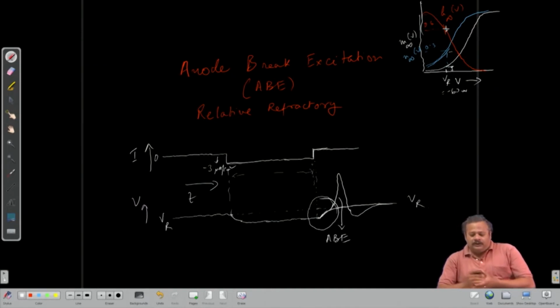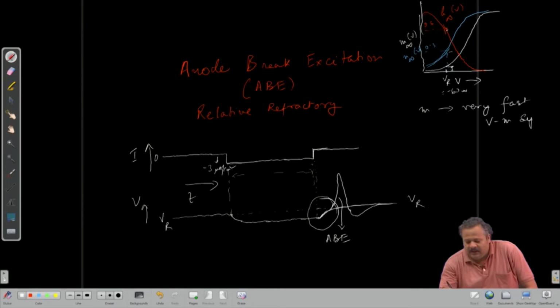So what we also know, if you recollect, is that M is very fast, and as we did for the VM system to understand threshold behavior, we take N and H at the value they were when we initialized the system. In the VM system we can understand threshold phenomena because the model is valid only for the beginning few milliseconds.